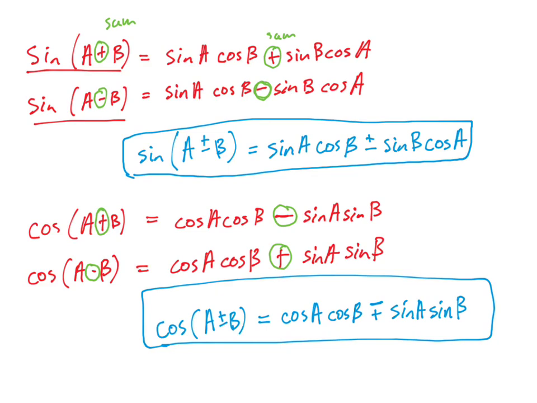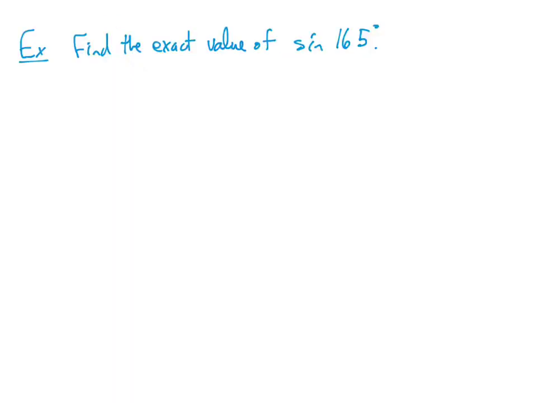So let's see how we can use these. This first example says to find the exact value of sine of 165 degrees. When the question says to find the exact value, that means it doesn't want a decimal approximation.